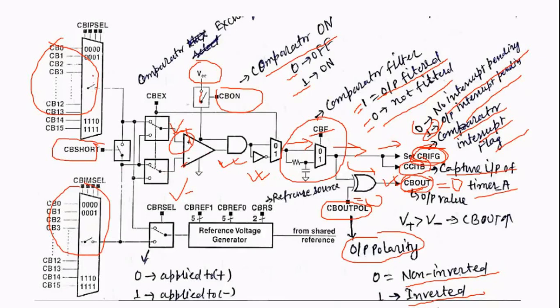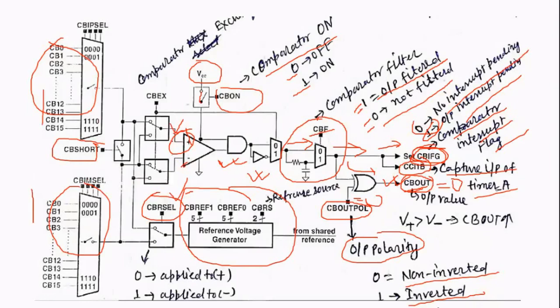Now, if you use any one of these comparators and one voltage is used from the reference generator, then with the help of the CBRSEL bit, you can provide the input to either terminal of the comparator when you are using any one of the two inputs.